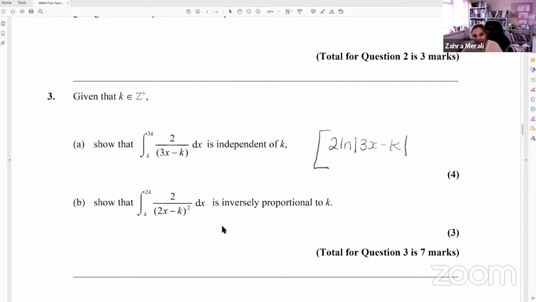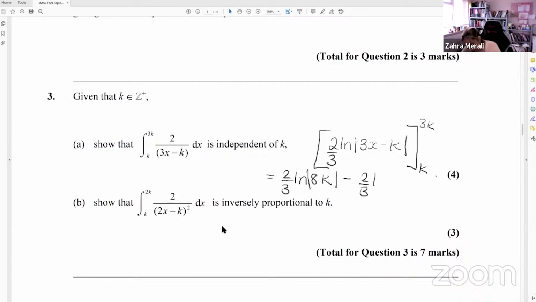And what's in front of the x in this case is 3. And that's between 3k and k. So then we're going to sub it in. So we get 2/3 ln (3 times 3k, 9k minus k). So that's going to give us 8k.